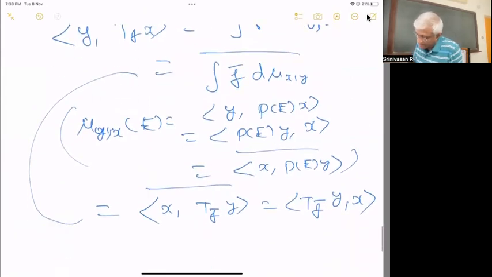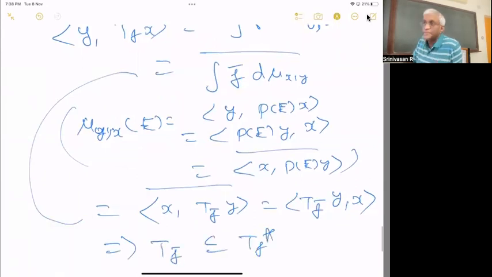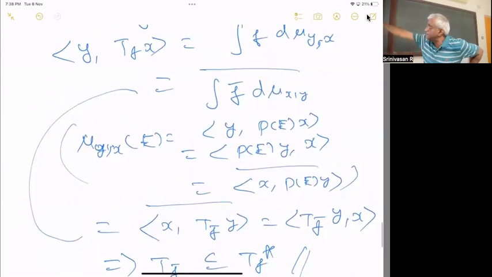This equation implies that Tf bar is contained in Tf star. This is precisely the meaning of Tf bar: we started with the inner product of y with Tfx, and we ended up with Tf bar y with x. This means Tf bar is contained in Tf star by the definition. We only have to prove the domain matches. Again we have to go through these finite approximations and all that. We will do it in the next class.